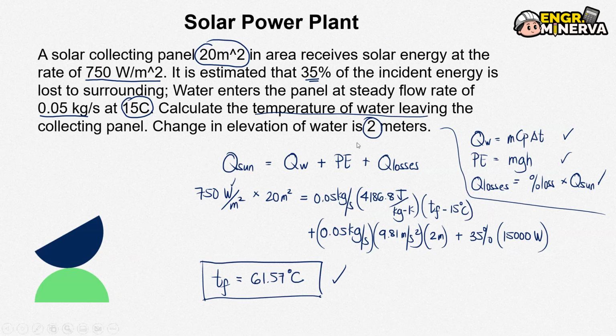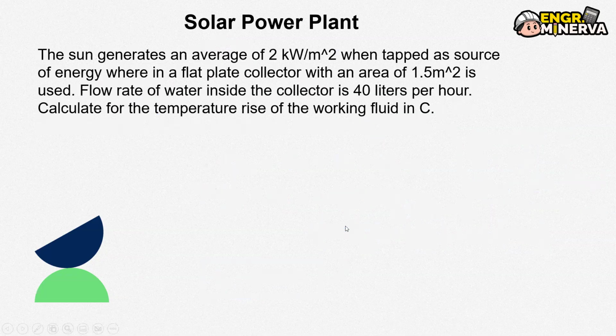So next, the sun generates an average of 2 kilowatts per square meter. So again, given our Q of the sun, that would be 2 kilowatts, so it means 2,000 watts per square meter. But what is the area? That would be 1.5 square meter.